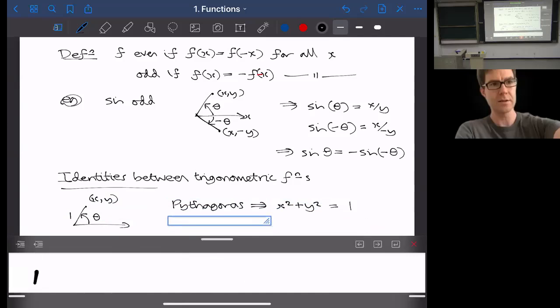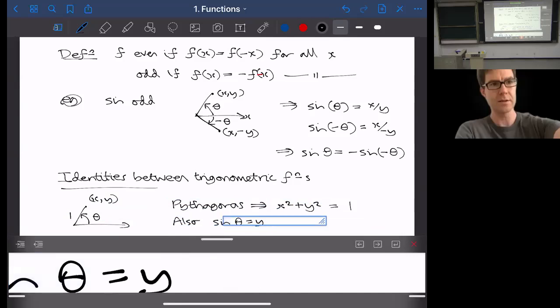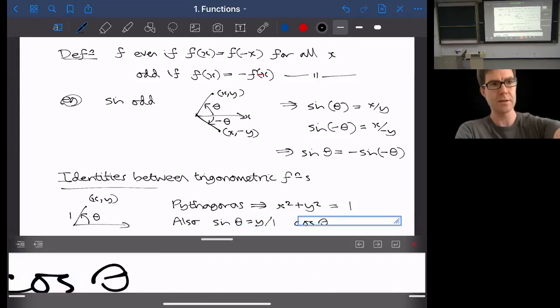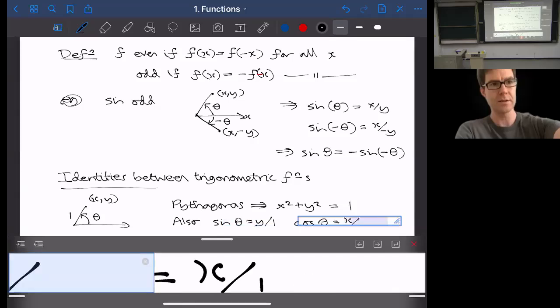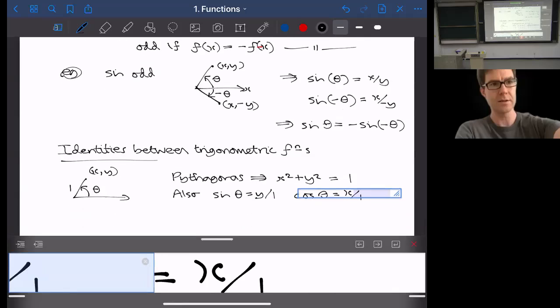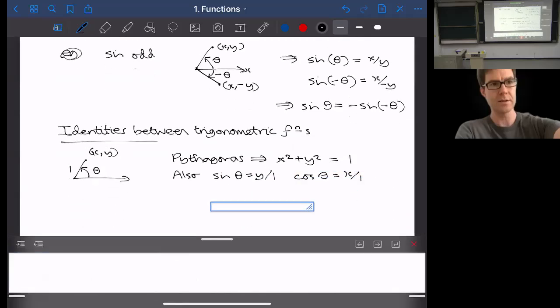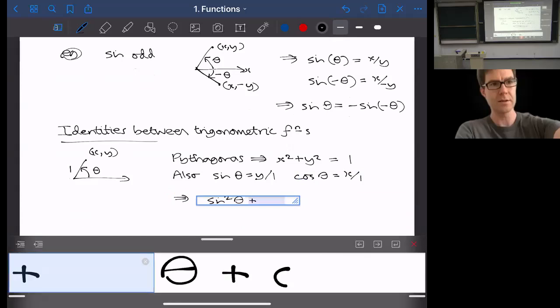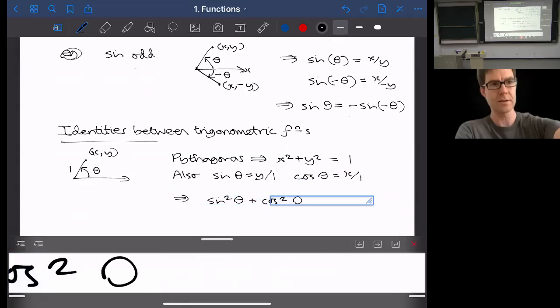But also, sine theta is y over 1. That's just y. Cos theta is x over 1, which is just x. So we get that sine squared theta plus cos squared theta is 1.